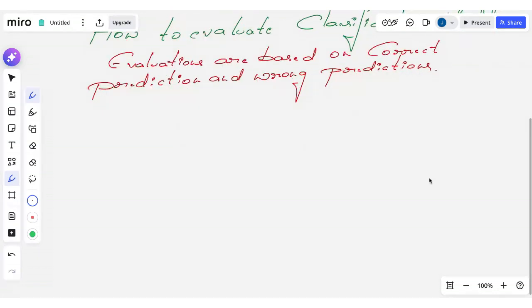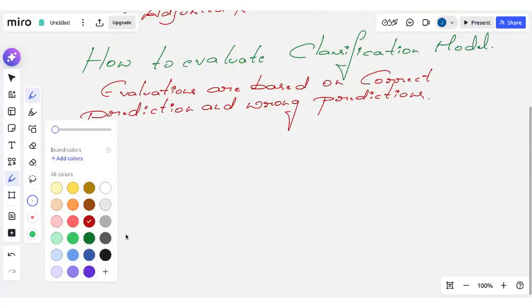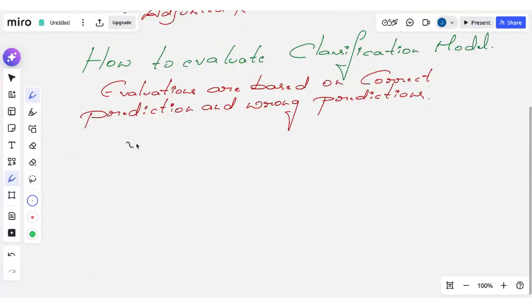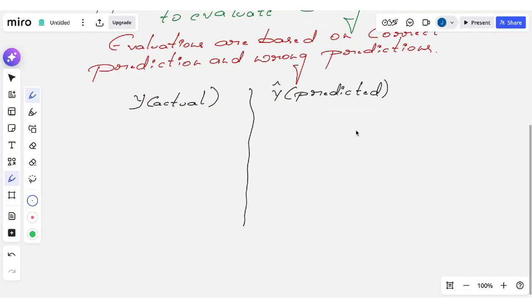Okay, let's say for example, you have data. Let's represent the actual data. I'm calling Y the actual. And how do you represent the predicted? We represent it like Y hat. So I'll just call it the predicted. Let's say actual values are something like this: 0, 1, 1, 0, 1, 1, 0.